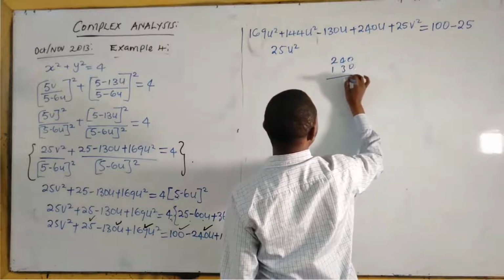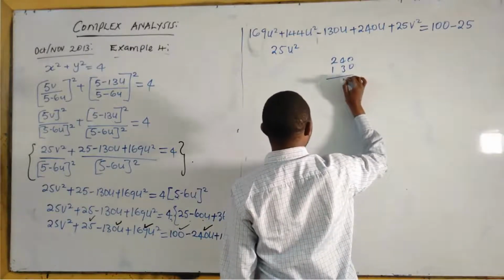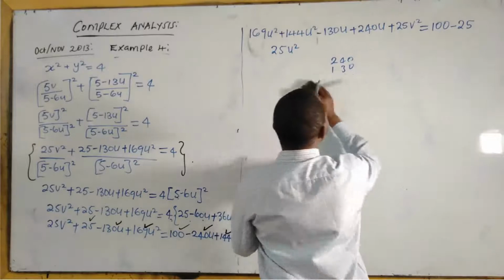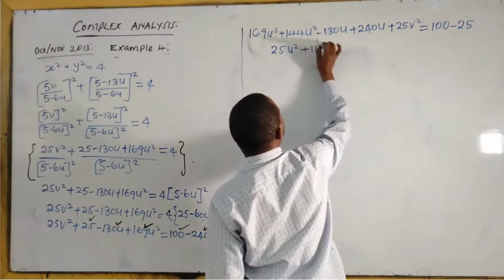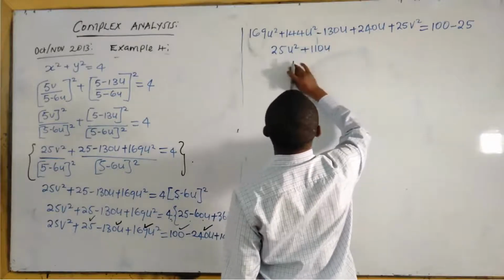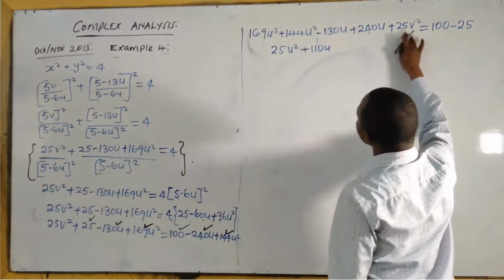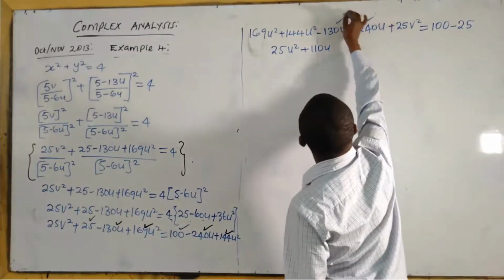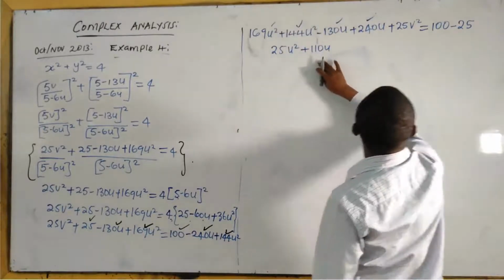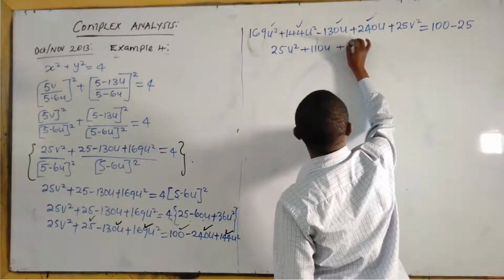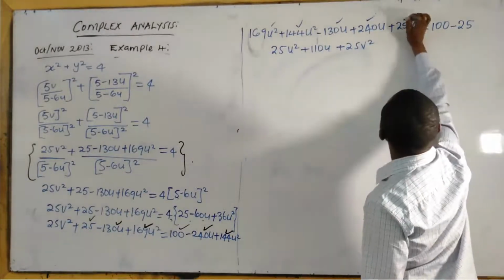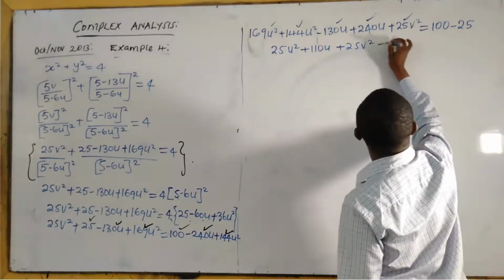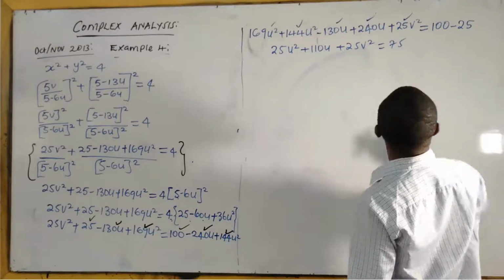This is 0, this is 1, this is 1. Positive 110u. So the u's, you have combined these two and combine these two, they are giving us 2 terms, plus 25v squared. So I have taken care of this one. This is equal to 75.